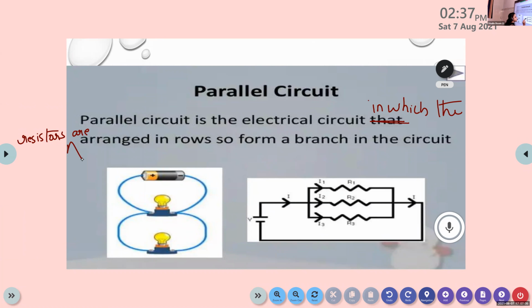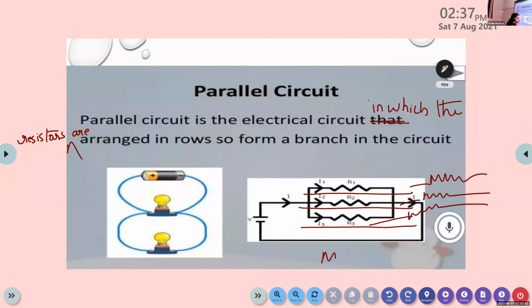Here you can see this is the first row. Then R2 is arranged in the second row and R3 is arranged in the third row. So if the resistors are arranged in separate rows, we can call it a parallel combination.